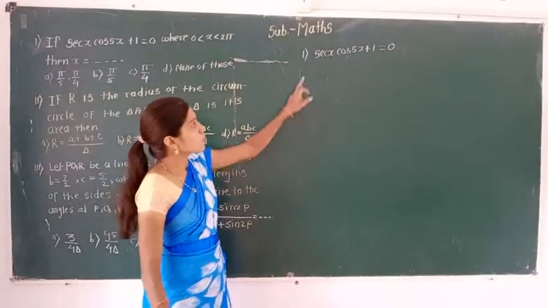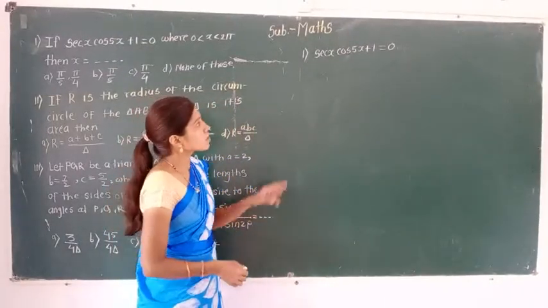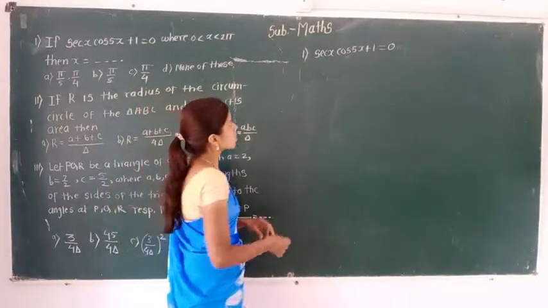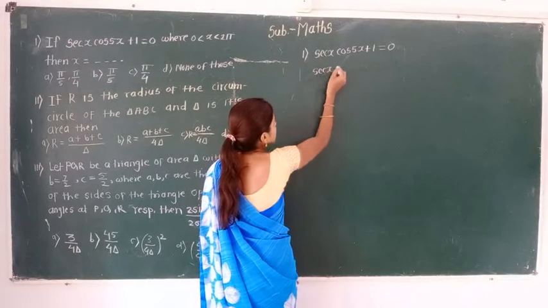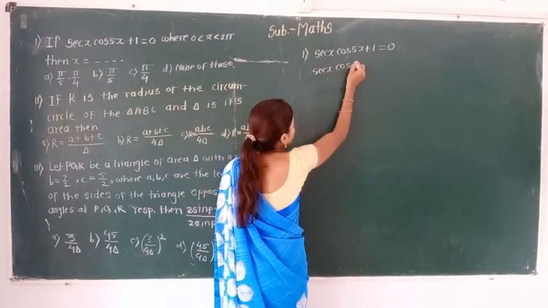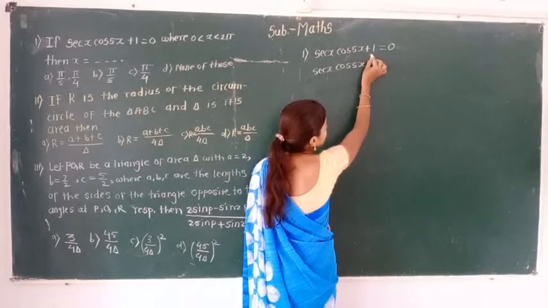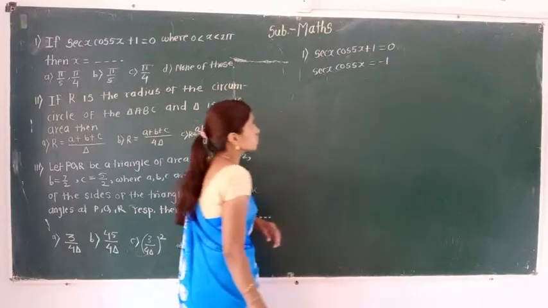Now for finding the value of x, first of all we will transform this equation to the standard result. Take sec x into cos 5x as it is, and the 1 on the left hand side transforms to the right hand side, so we get the value minus 1.